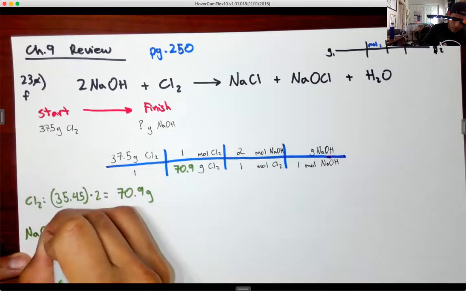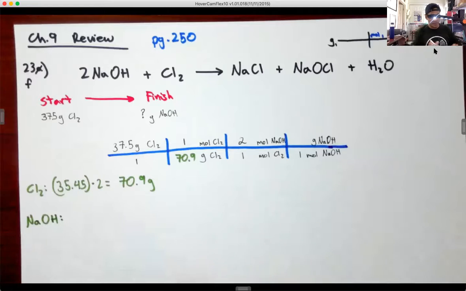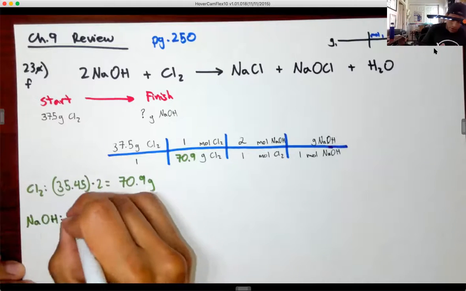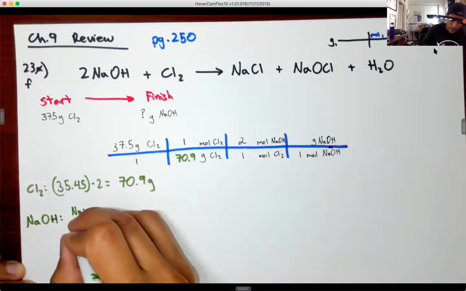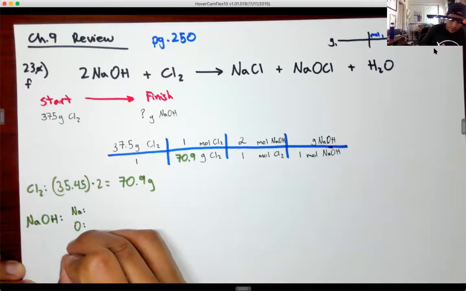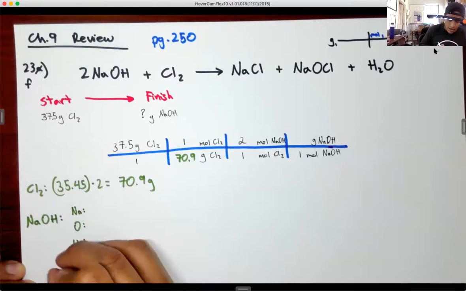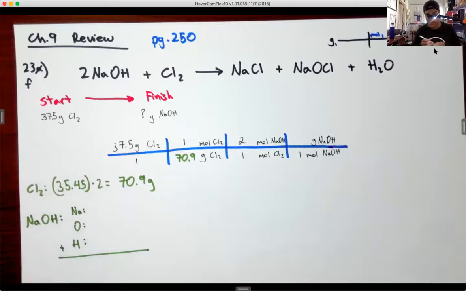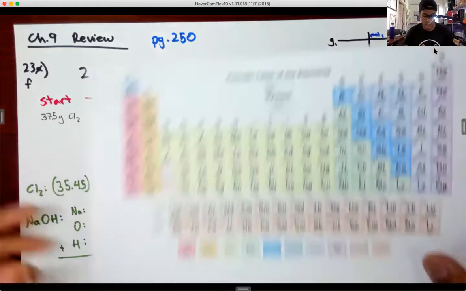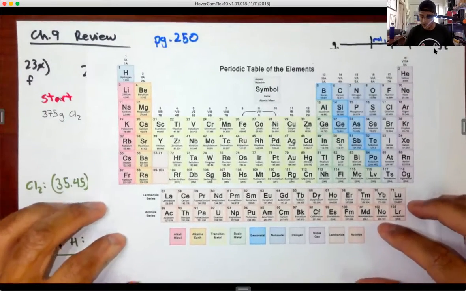We need to use the periodic table again, okay? And we're going to break this up, right? We're going to find out how much there is in Na, how much there is in O, and how much there is in H. We're going to add all of that up, and then we're going to get the molar mass, okay?